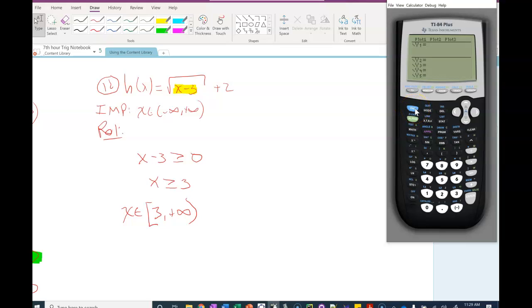I'm going to type into my calculator the square root of x minus 3, and then I have to move my cursor out from underneath the radical to do the plus 2. And to graph this, I'm just going to do zoom standard for my window. I don't know what the last thing I graphed was, so my window could be something pretty goofy.